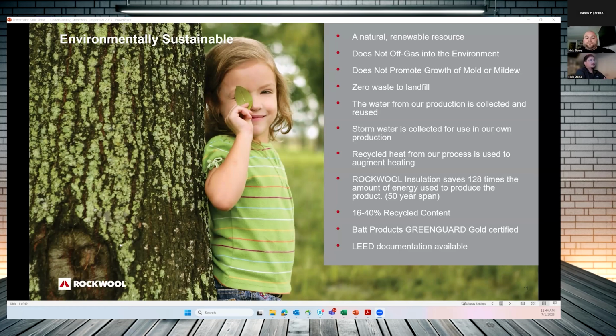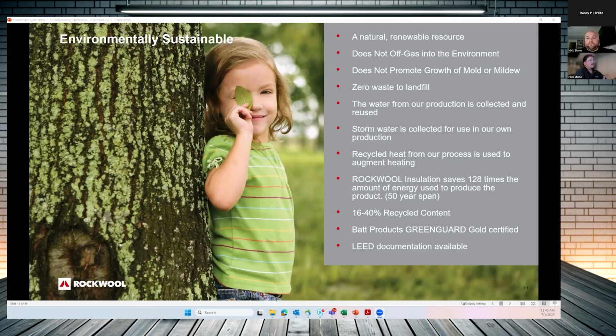Stormwater is collected for use in our own production. Recycled heat from our processes is also used to augment the heating process. And Rockwool insulation saves 128 times the amount of energy used to produce the product over a 50-year span.